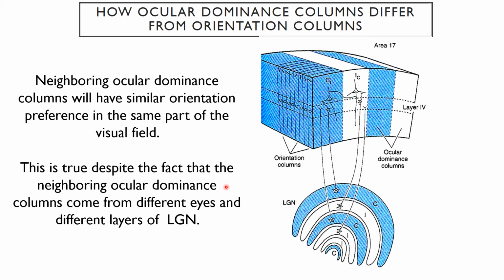Those are referred to, so we have ocular dominance columns as well as orientation columns. When you go down inside tissue, you have layer 1, 2, 3, and then layer 4 that's receiving the input from the LGN. You have an orientation column.